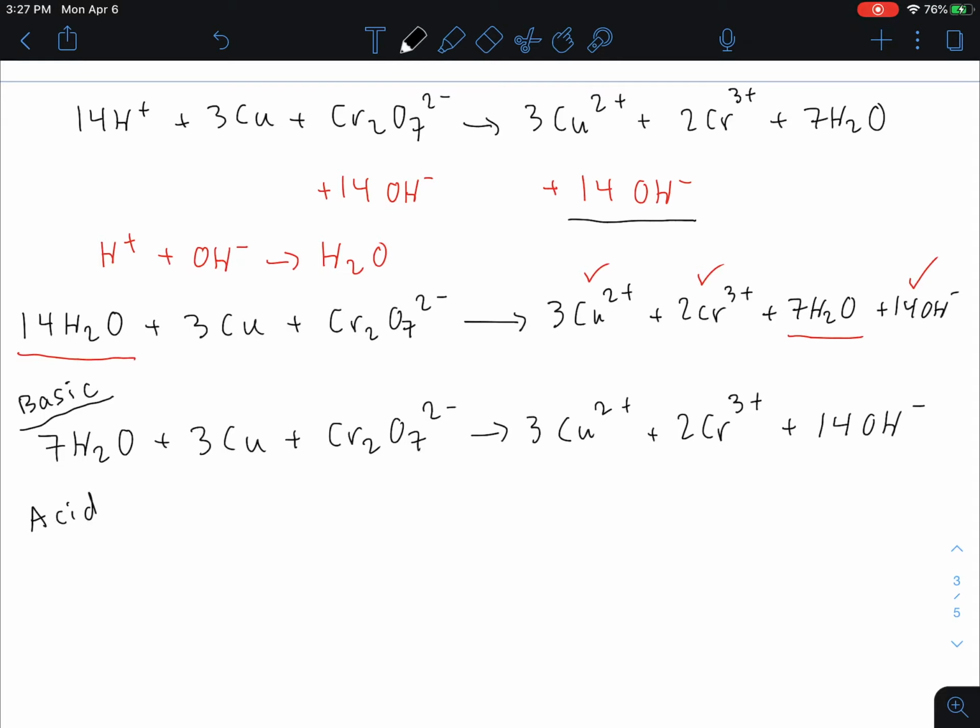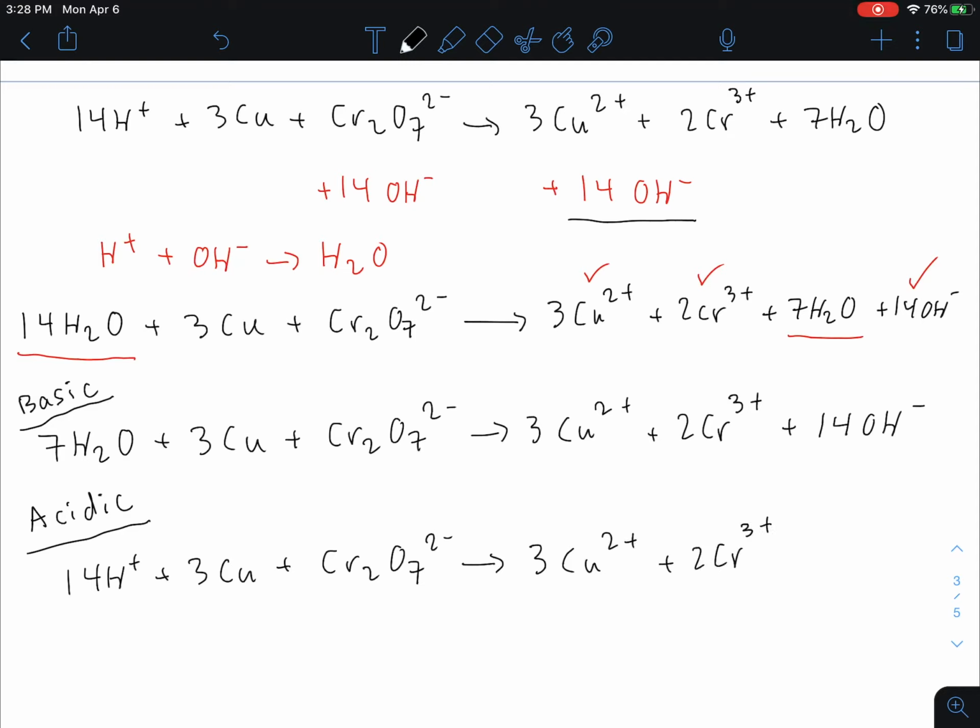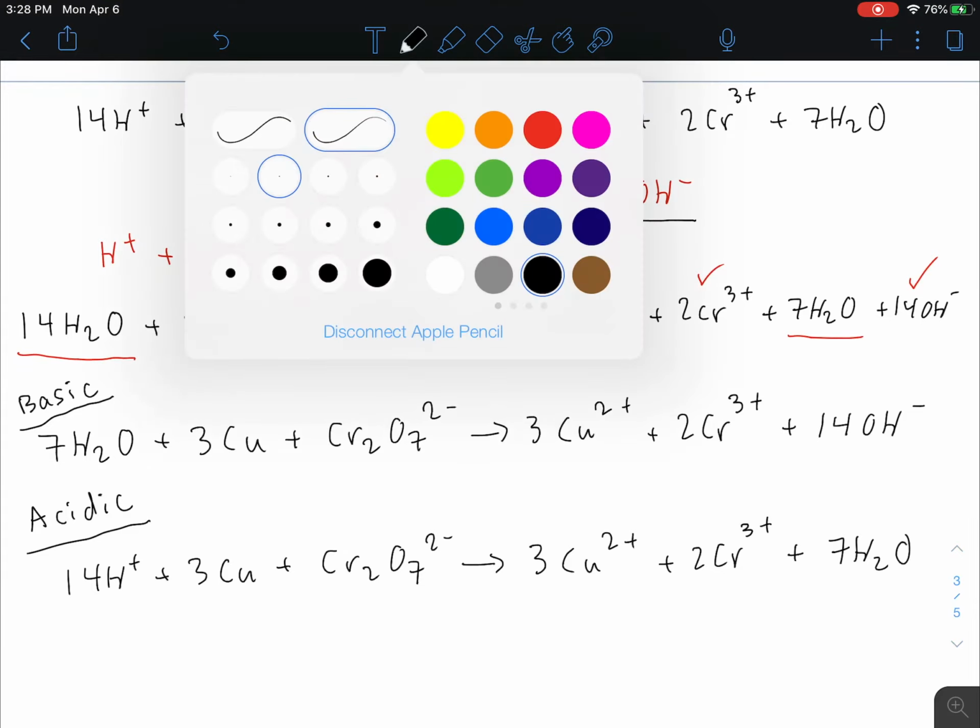And just for comparison, when we had it under acidic conditions, it was 14 H plus, everything else the same, and 3 copper 2 plus, 2 chromium 3 plus, and 7 waters.